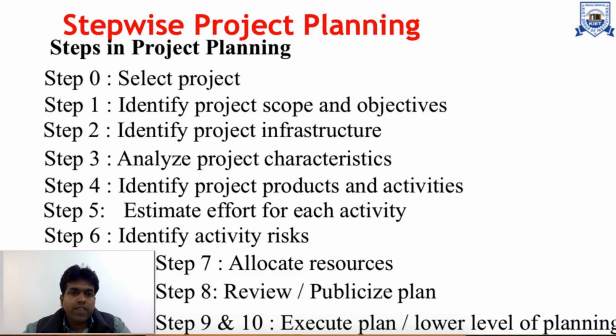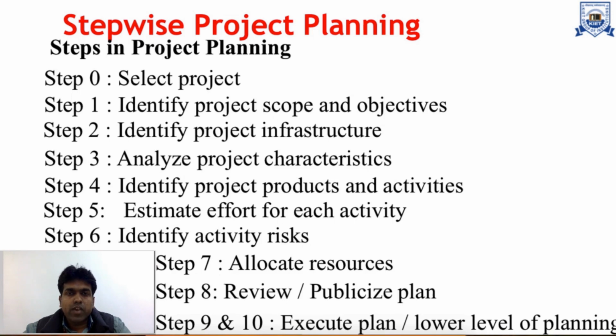Step five is estimate effort for each activity. Step six is identify activity risk. Seventh step is allocate resources. Step eight is review or publicize plan. Step nine and ten: the ninth one is execute plan, and the tenth one is lower level of planning.